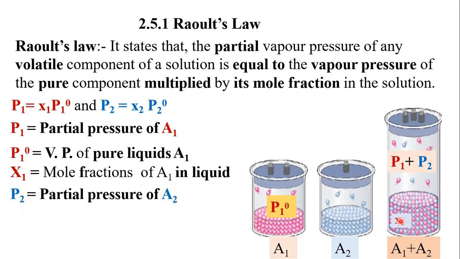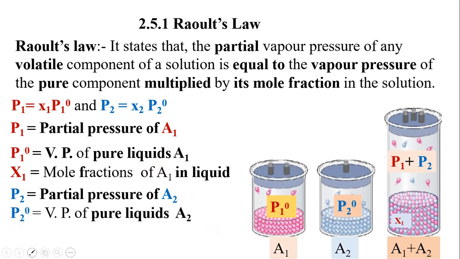And P2 is the partial pressure of component A2 and P20 is the vapor pressure of pure component A2.